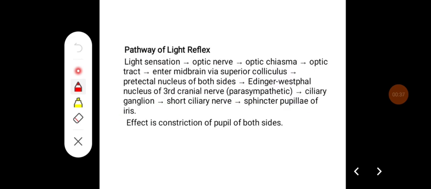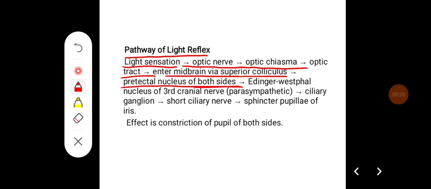If you see the pathway of the light reflex, when light falls on the retina, light is sensed and the impulses pass through the optic nerve, optic chiasma, optic tract, and enter the midbrain via the superior colliculus. Then they enter the pretectal nucleus of both sides.